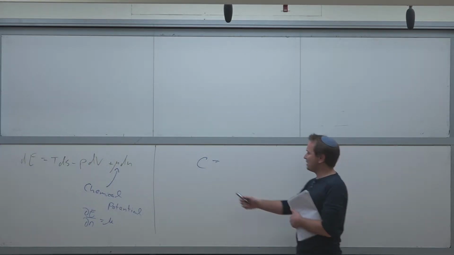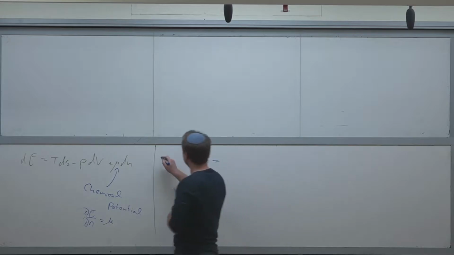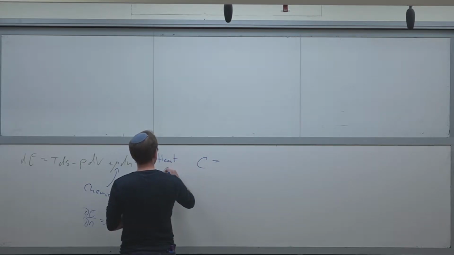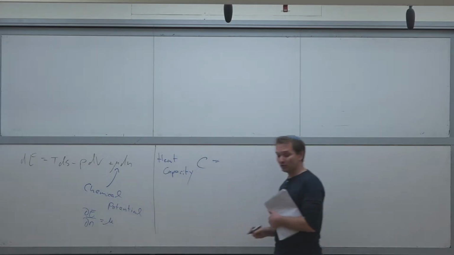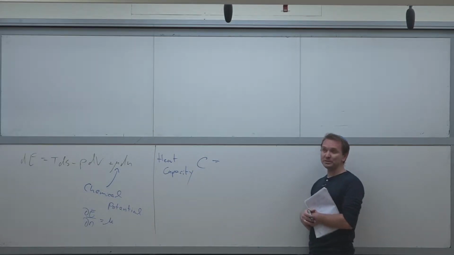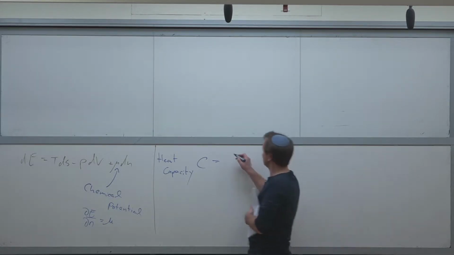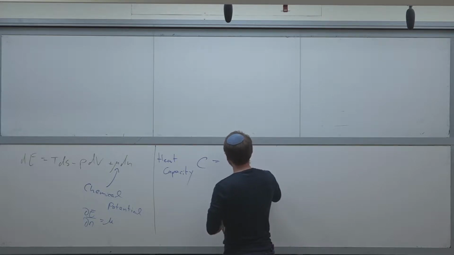Okay, so heat capacity. What is heat capacity? It describes how the amount of heat in the system changes with the temperature. So it's dq by dT.